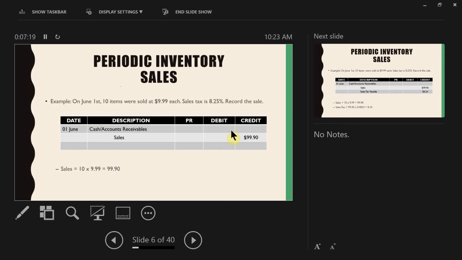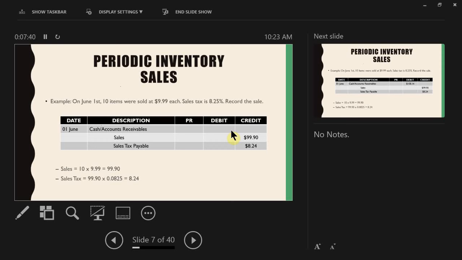So in this case, you have sales. You sold 10 items at $9.99, so that's going to give you $99.90 plus the tax. Tax is going to be based off of the sales price, not the quantity of items you sold. So if I sold $99.90, then my tax is going to be based off of that.